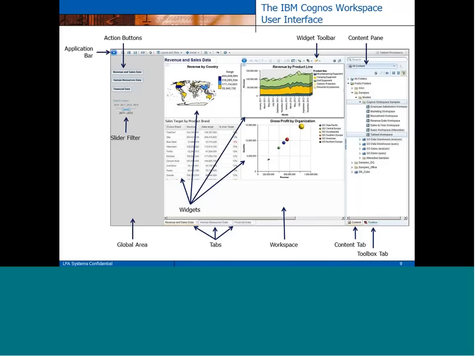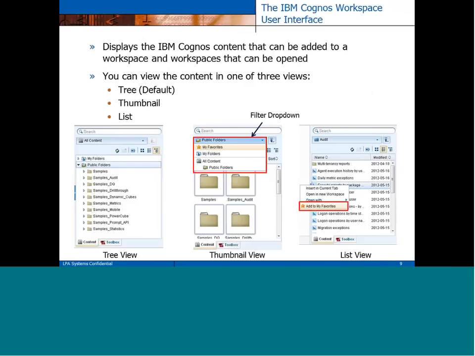So that content pane not only gives me access to the reports that are available to me out on the public folder as well as in my own My Folders, it also gives me access to a toolbox. So on the content side, I can look through the public folder and My Folders. I get various views. I can look at it in tree, thumbnail, or list.